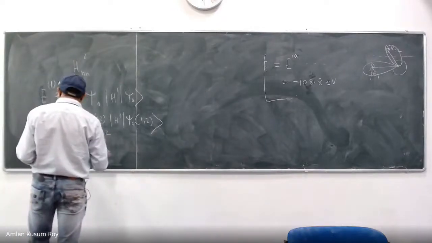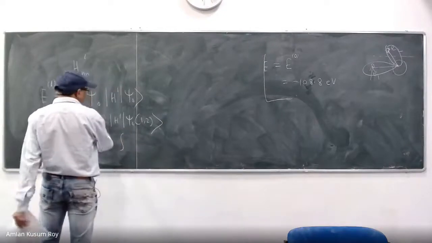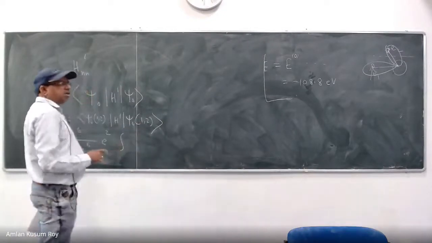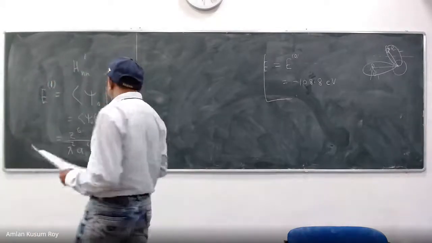So this will be a 6-dimensional integration because electron 1 has r1, theta 1, phi 1, and electron 2 has r2, theta 2, phi 2, right?